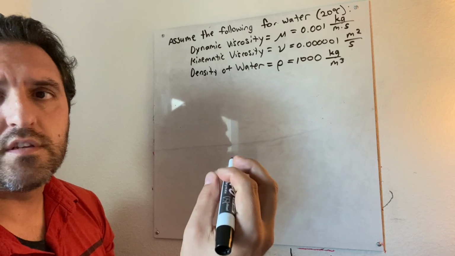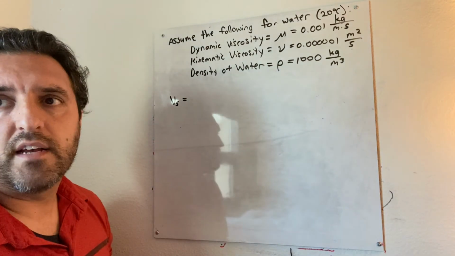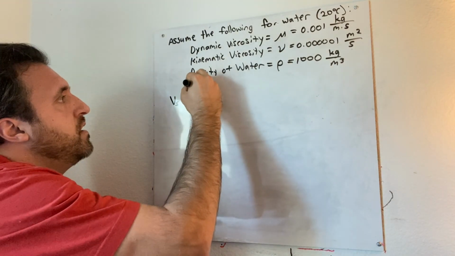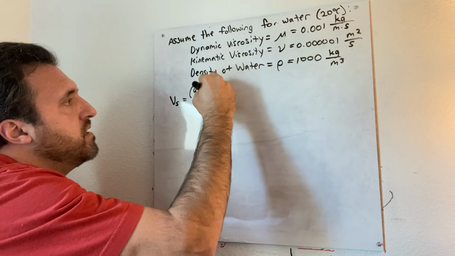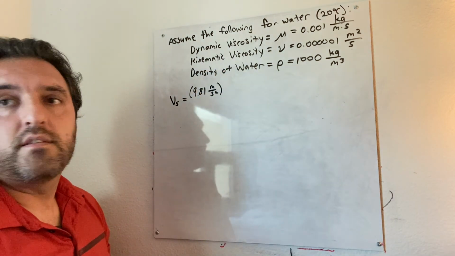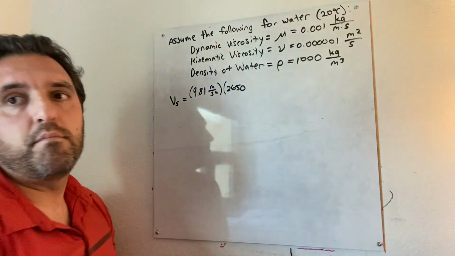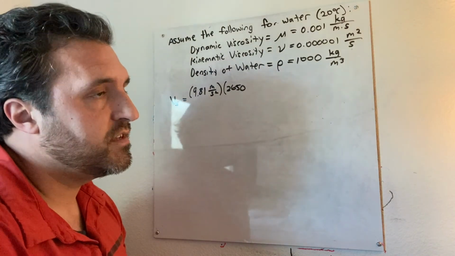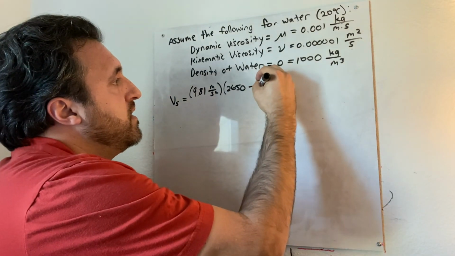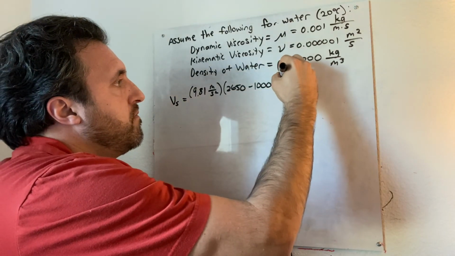All right, so first, using Stokes' law, we calculate the settling velocity to be equal to 9.81 meters per second squared times 2650, based on the density that we're assuming in this example problem for a sand particle, minus 1,000. The units there are kilograms per cubic meter.